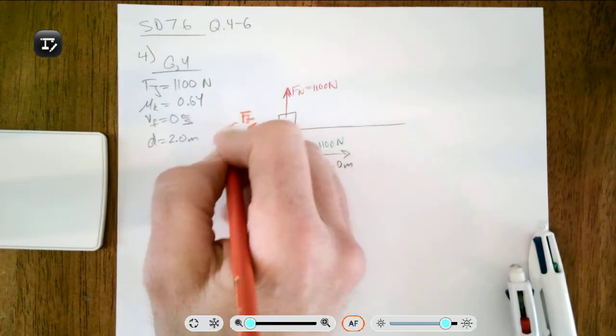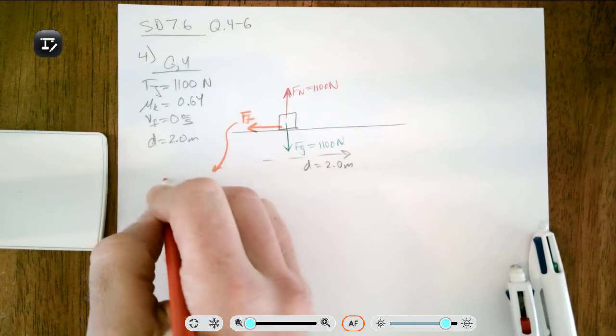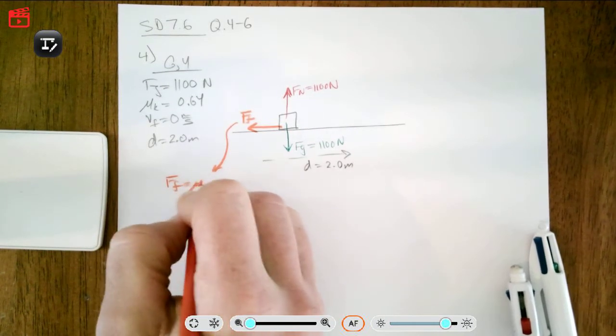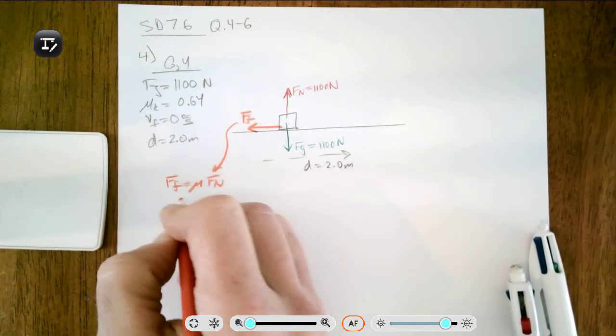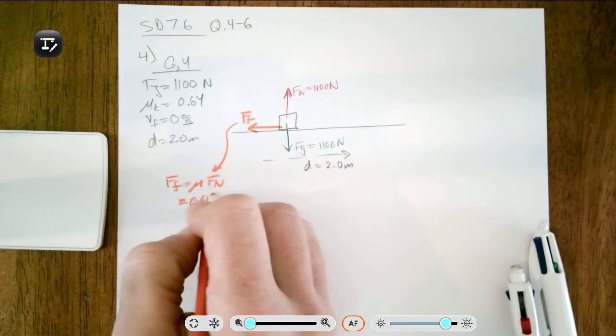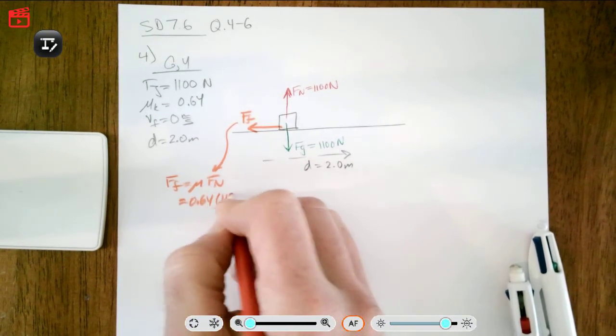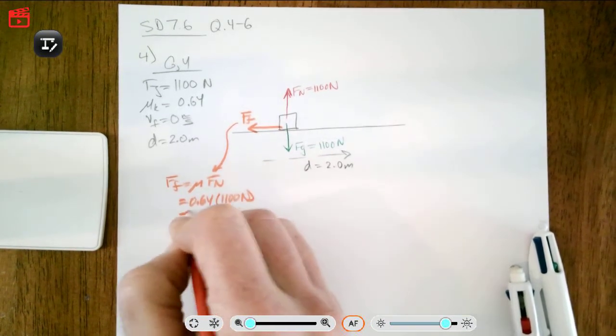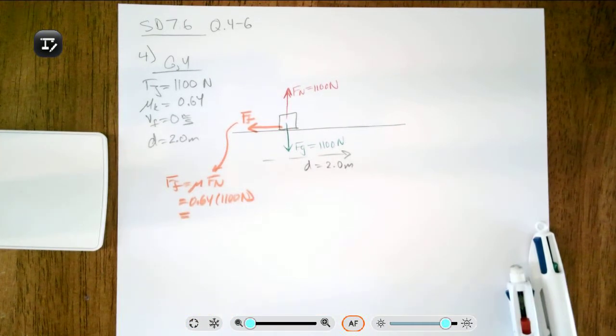Now, you've got to find your FF. FF is your coefficient times FN. Fortunately, we have all of those givens. And the FF comes out to, let's see here, 0.64 times 1,100.